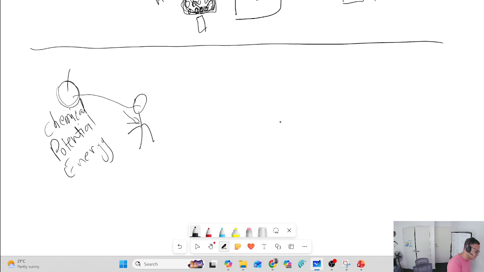So chemical potential energy is in the fruit, which is now stored in this person's body. Then this person decides to throw a heavy object, let's say a stone. The person holds the stone and swings the arm. When the arm moves, when there is movement, it's called kinetic energy, right?